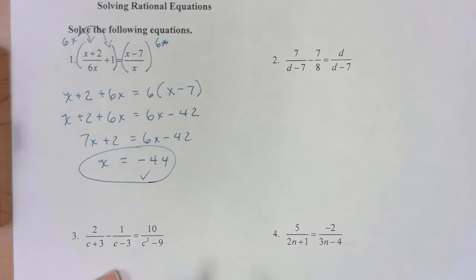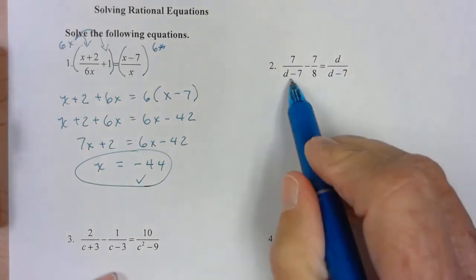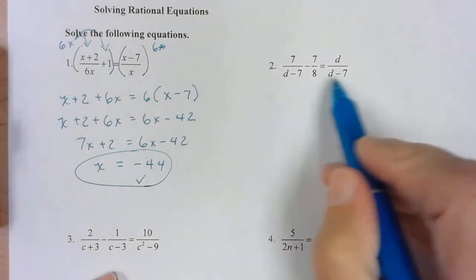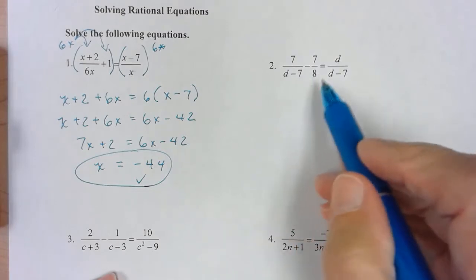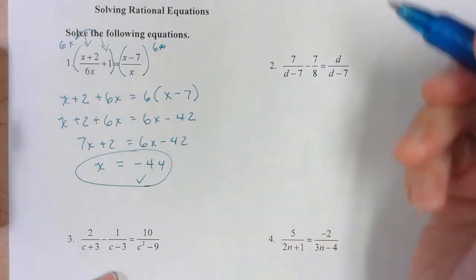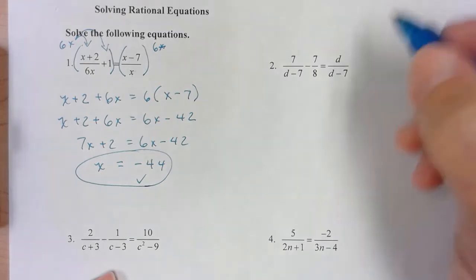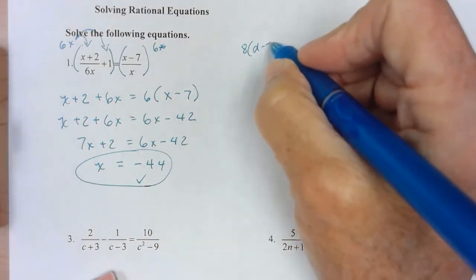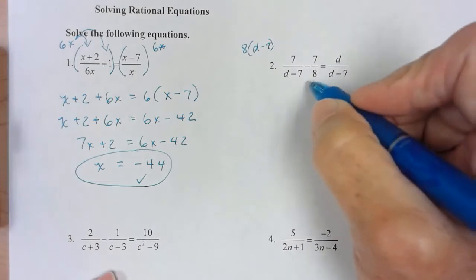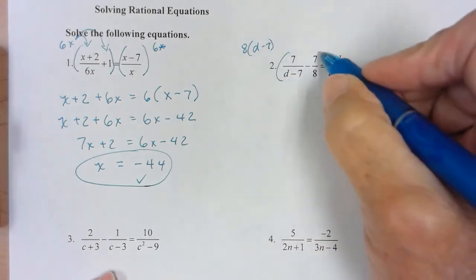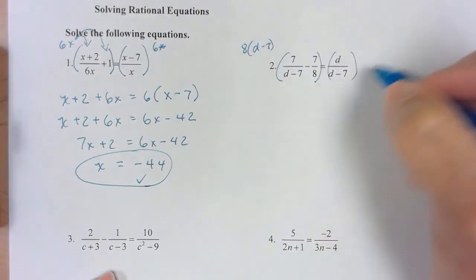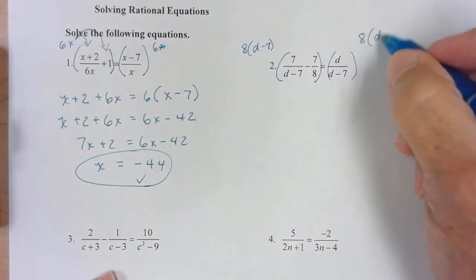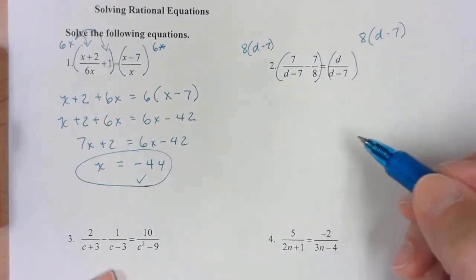Now, the next problem. I see a denominator d minus 7 in 2 locations and 8. So I need a combination of those. My LCD on this one will be 8 times d minus 7, because all my denominators down here have to go into my common denominator. And I've got to do the same thing to both sides.